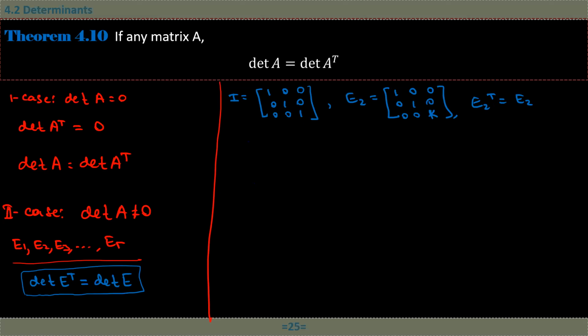And the first case is also true, because if you just interchange two rows and after that transpose and compute the determinant, you still get the same result, equal to 1.